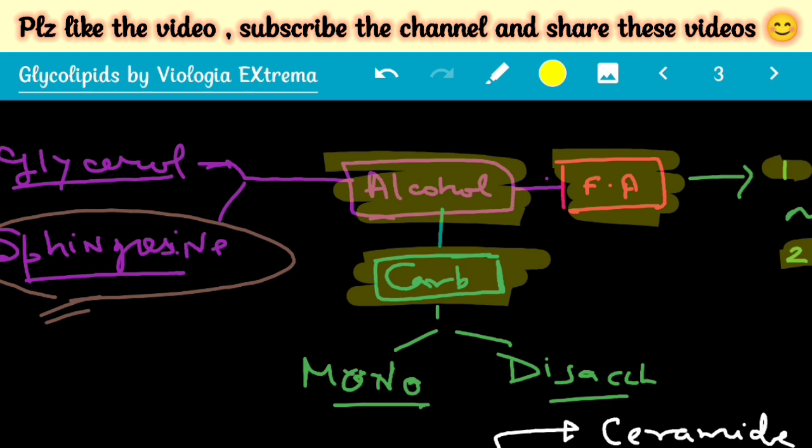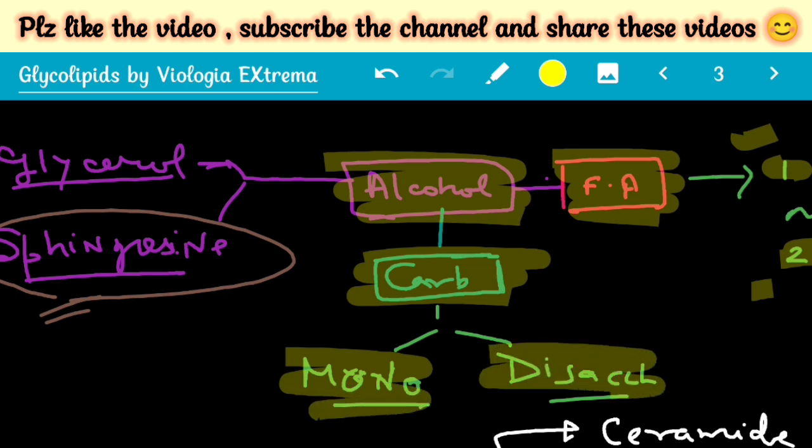So we have alcohol, a fatty acid attached, and a carbohydrate attached. There can be one or two fatty acids, and the carbohydrate can be a monosaccharide or a disaccharide. Basically we use the term mono- and oligosaccharide, but the examples we are going to use contain only monosaccharides and disaccharides. Clear?